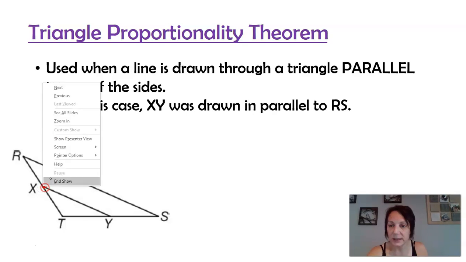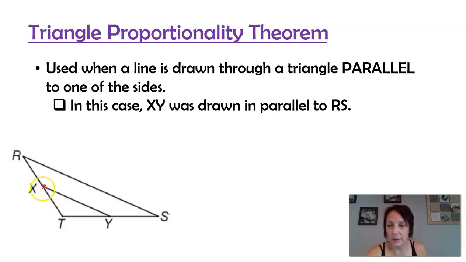Notice it connects on side RT, and it also connects on side TS. And if we're going to use proportions here, what we need to know is that this line right here and this third side are parallel. If we know that those are parallel, then we know that there are certain proportions created in this triangle.